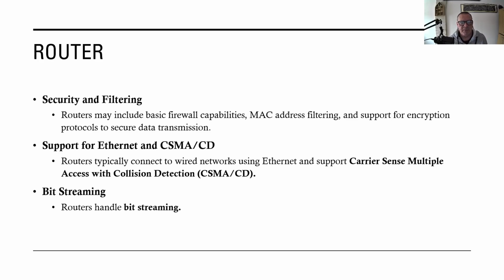So it'll look at the packets of data coming in, check them, see if it thinks they're legitimate, or if they were unsolicited packets coming in, i.e. they weren't requested, then they can reject them. They provide support for Ethernet and for CSMA/CD, so it will carry out some of those processes. It also allows for bit streaming, i.e. the transmission of bits between devices.